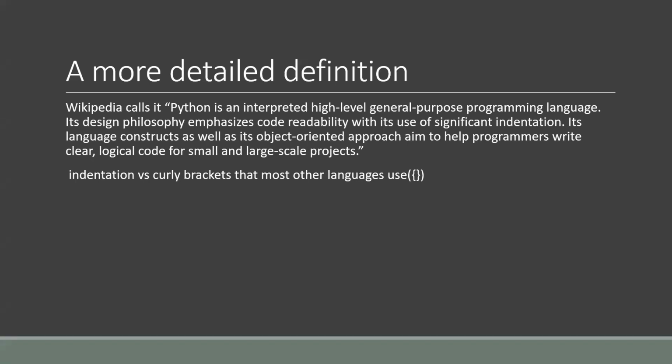I think you'll appreciate this even without necessarily knowing much about the language to begin with. The majority of programming languages in common use curly brackets to help define different blocks of code and groups of code, whereas Python uses tabs. You'll see in a minute what kind of difference it makes in trying to understand things.